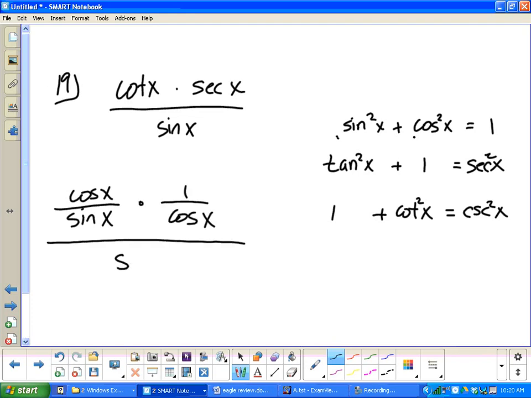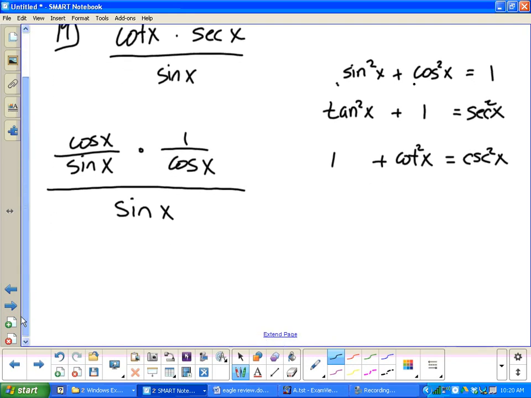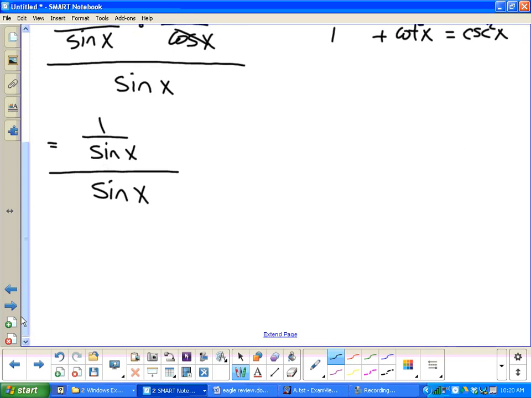Got all this over sine. Okay. Now, before we start maybe multiplying by the reciprocal of that sine right there, cancel, yeah, okay. So it gives you 1 over sine over sine. Now, so we'll multiply by the reciprocal. Now, the reciprocal of sine would be 1 over sine. Right, that's it.